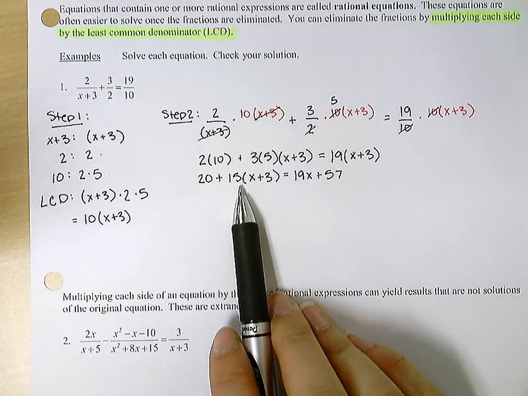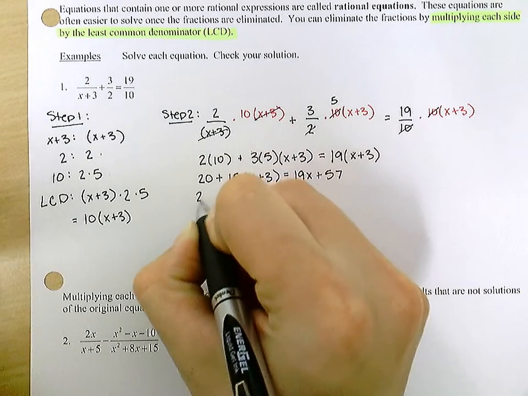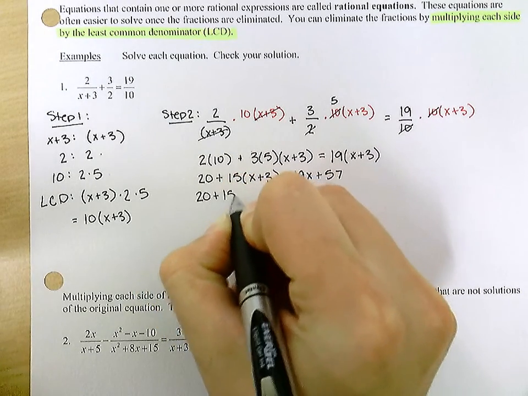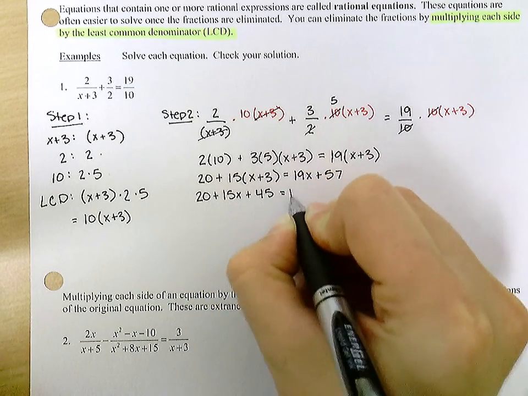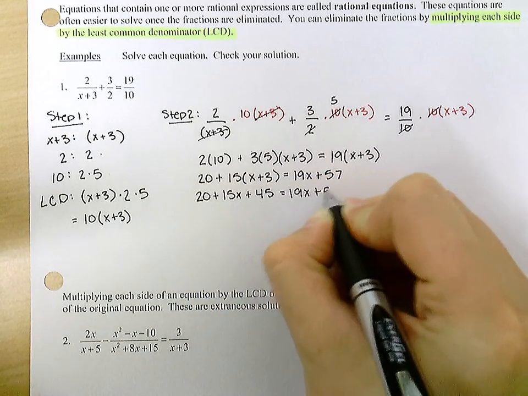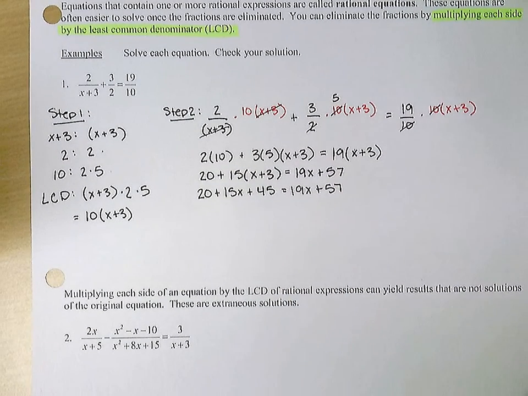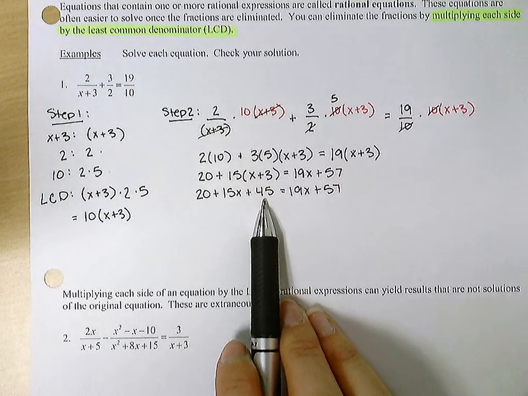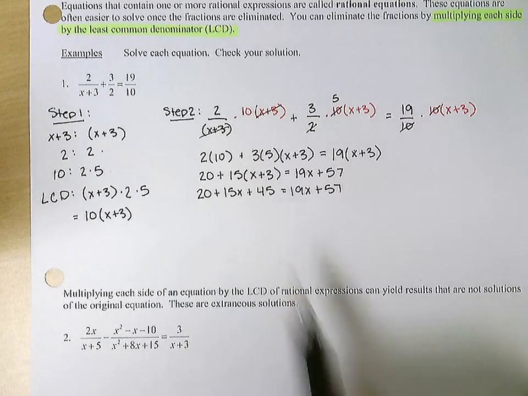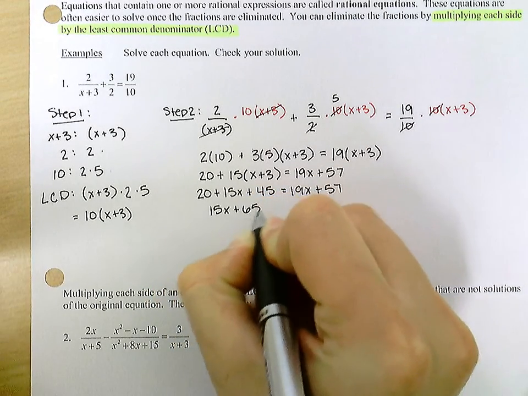Okay, here I still have to distribute this 15 to both x and 3. So we have 20 plus 15x plus 45 equal to 19x plus 57. I'm going to combine like terms, so I have 20 plus 45. That's 65.